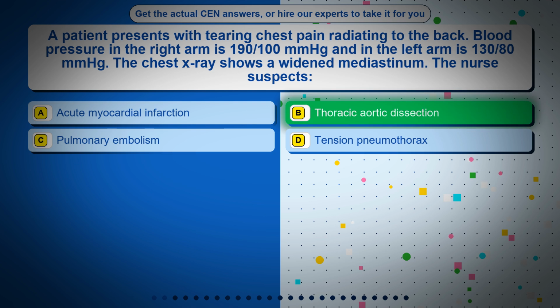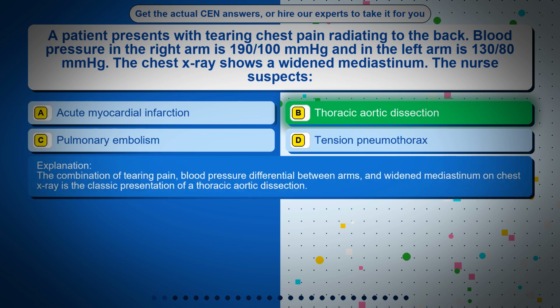The correct answer is option B, thoracic aortic dissection. The combination of tearing pain, blood pressure differential between arms, and widened mediastinum on chest X-ray is the classic presentation of a thoracic aortic dissection.